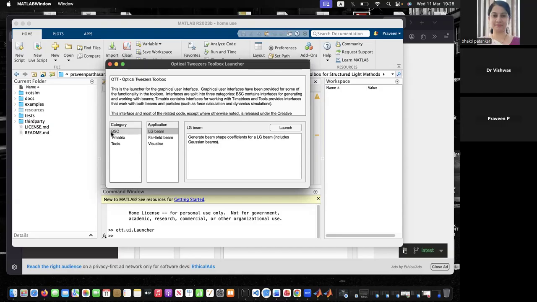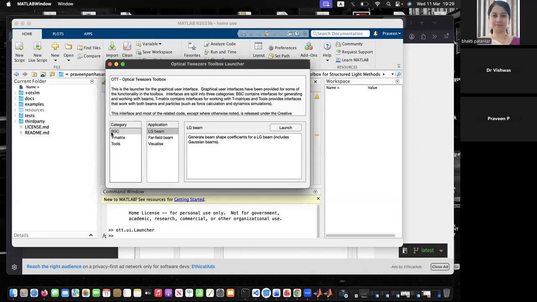BSC is short for beam shape coefficient. What is a beam shape coefficient? In Mie scattering, we write the incident beam as a sum of monopole, dipole, octopole, sextupole, and so on. In front of each of these, there is a weight parameter or coefficient.